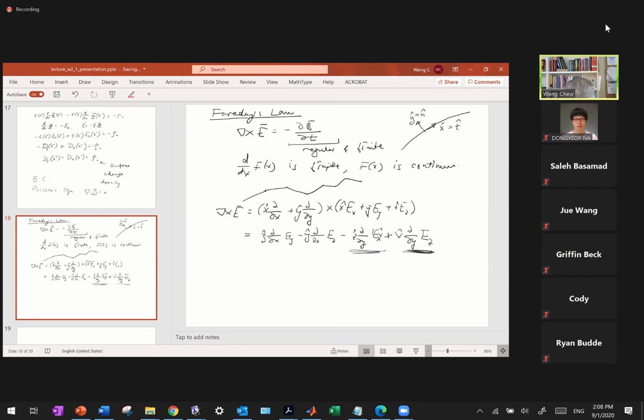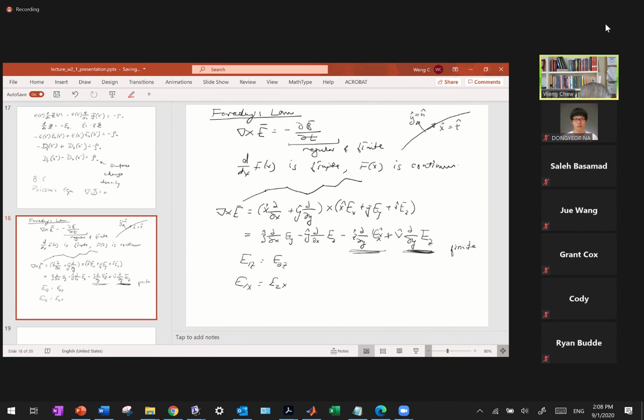If I look for change in the y direction, this derivative must be finite, and if the y derivative is finite, what it says is that E1z must be equal to E2z at the interface. Okay, and E1x must be equal to E2x.